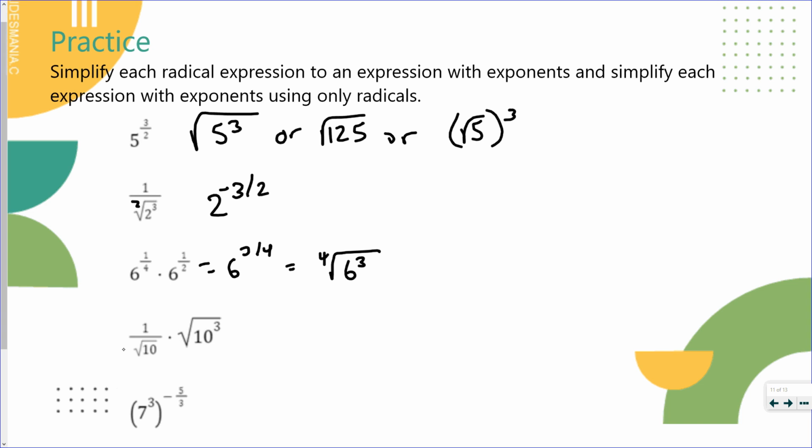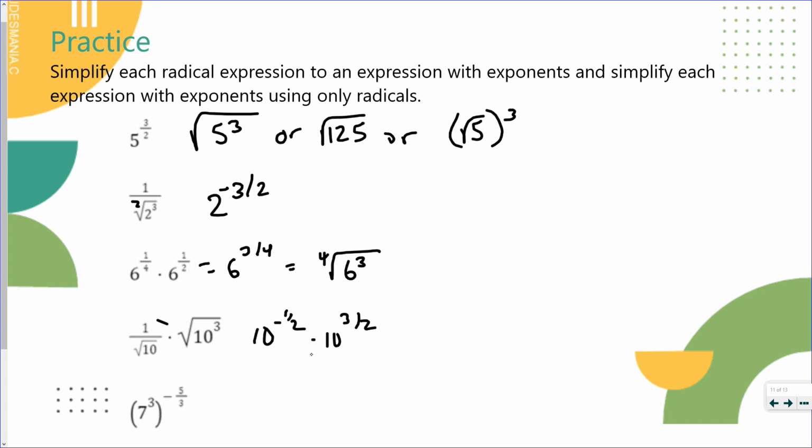Okay, what about this one? Okay, it's the radicals, so let's take all the radicals out. You have a couple ways that you can handle this. But first, maybe let's just turn them both into exponent forms, right? So 1 over root 10 would be 10 to the negative 1 half times 10 to the 3 halves.